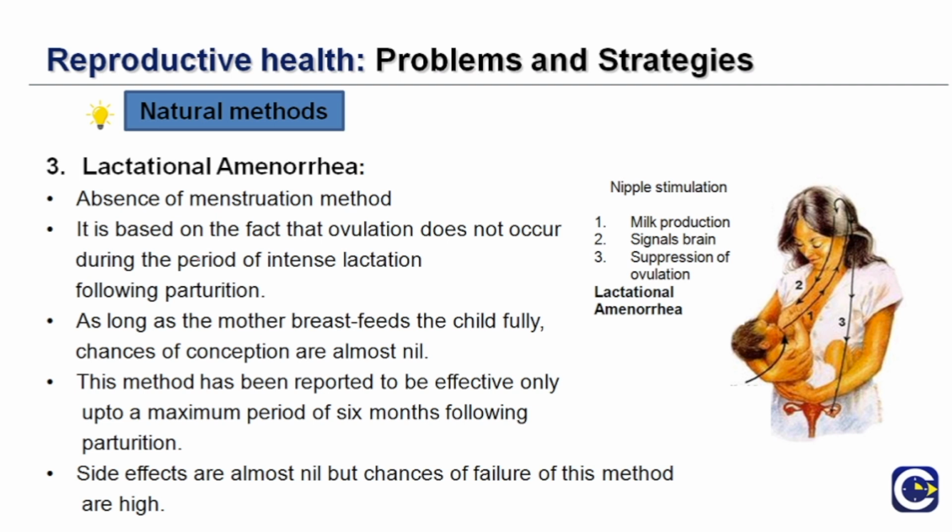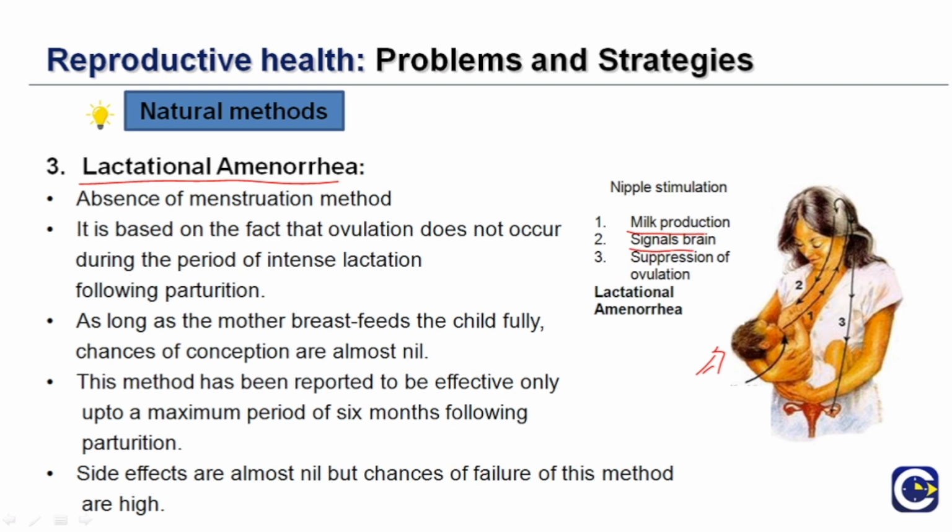The third natural method that can be used as contraception is lactational amenorrhea. So what happens in this case? This case starts with the birth of the baby. When the child is born, it sucks the milk from the breasts of its mother. The breasts of the mother produce milk.